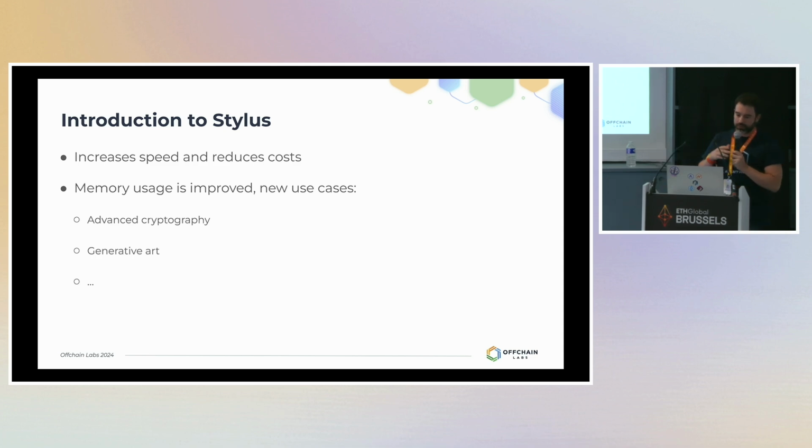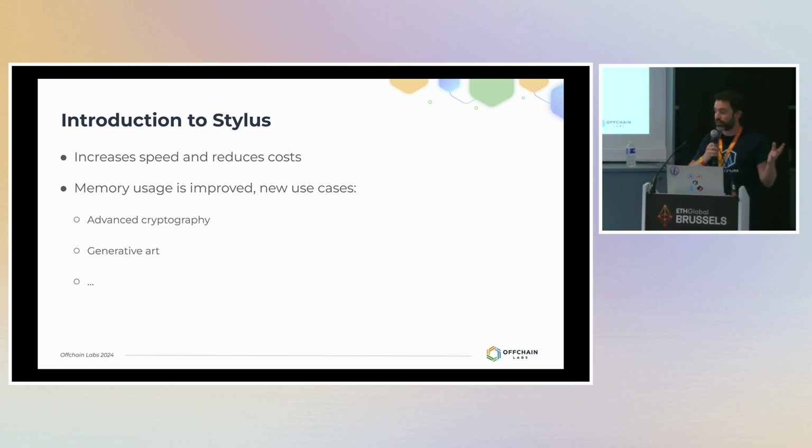So more benefits from Stylus. It increases speed and reduces cost. This is generally true because WASM bytecode is going to be more efficient than Solidity bytecode. Then you have to take into consideration storage accesses and all that. But generally speaking, it is more efficient. And then also a big improvement in memory usage that brings new use cases like advanced cryptography and generative art.